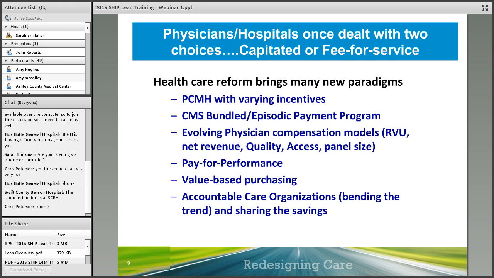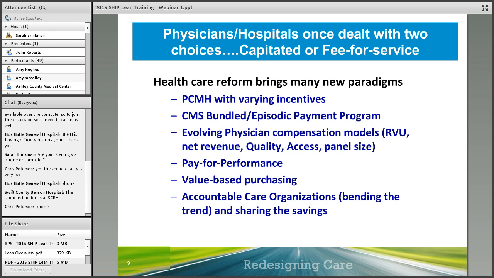We're beginning again to see many changes in the healthcare delivery system. Hospitals and physicians up until this time really had to look at two choices of dealing with reimbursement. They were either a managed care capitated model or a fee-for-service model.